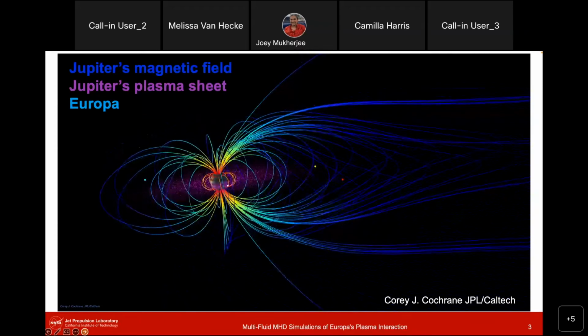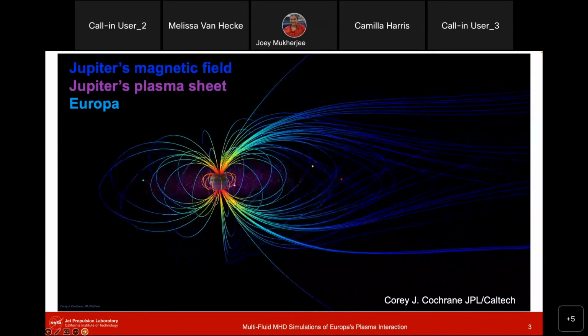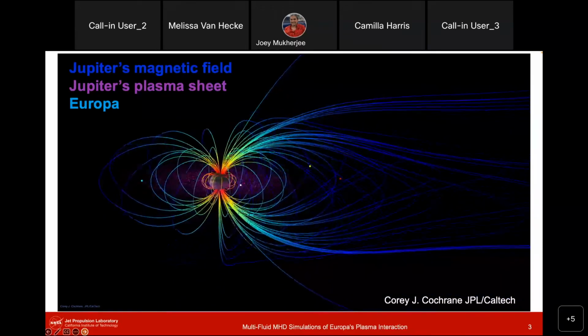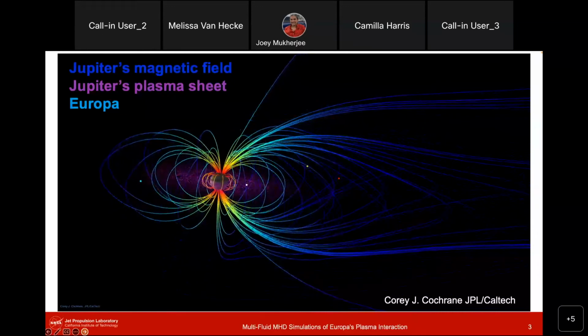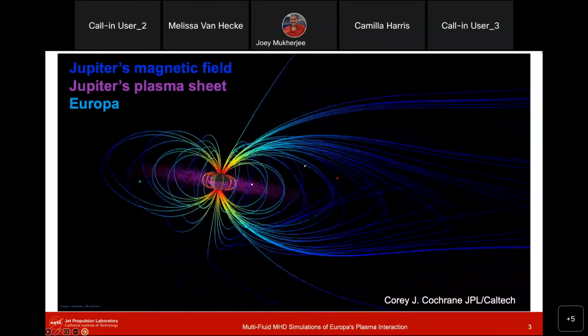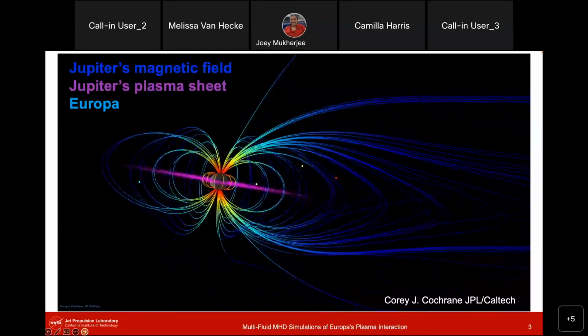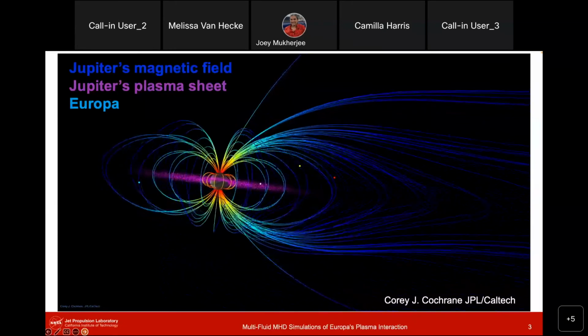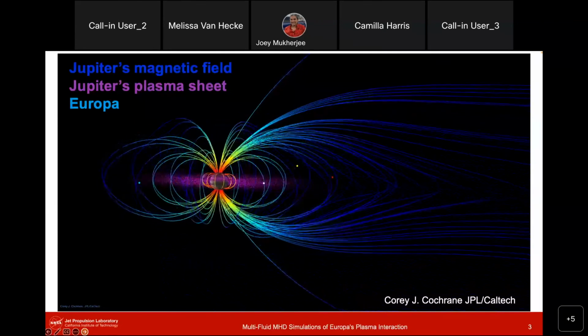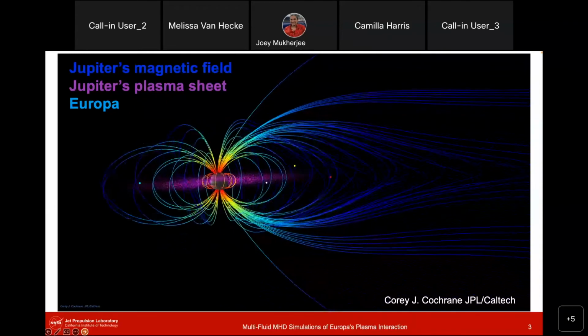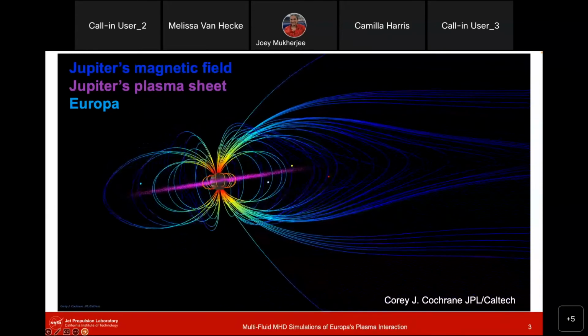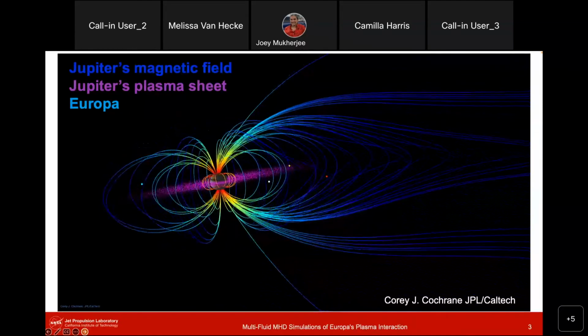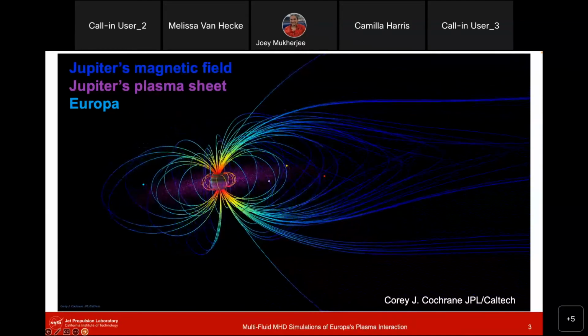Jupiter is rotating at the center, and then you have the inner magnetosphere, which is populated with these moons, and this purple haze, which is representing Europa's plasma sheet. And then as you get away from the inner magnetosphere, you have the usual distortions that we expect with a magnetospheric interaction with the solar wind.